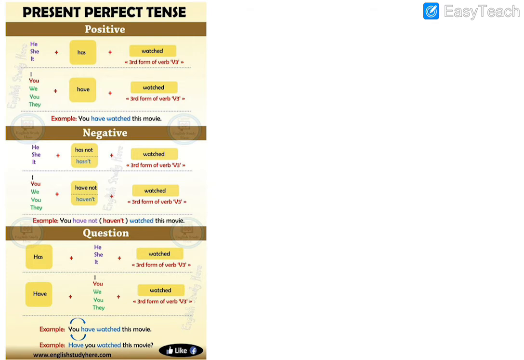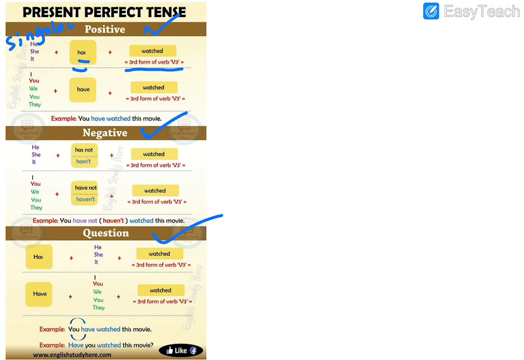Okay, as I said before, positive, negative, and question form. So for positive, we have has and have. Who use has, who use have. So he, she, it, singular, use has plus third form of verb.